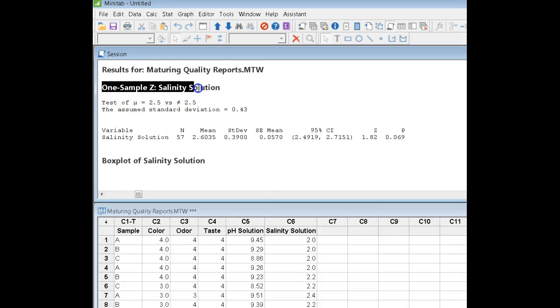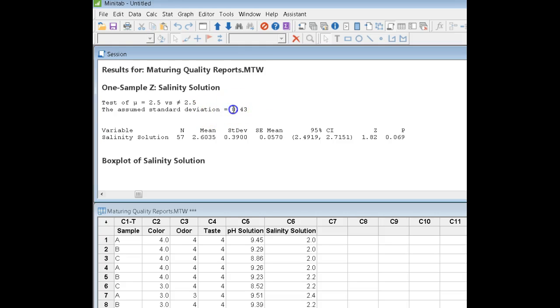So first of all, it tells me what test it ran and what data it used. My test was that I assumed my average salinity level to be 2.5, and really what I want to know is it something different than 2.5, not equal to.